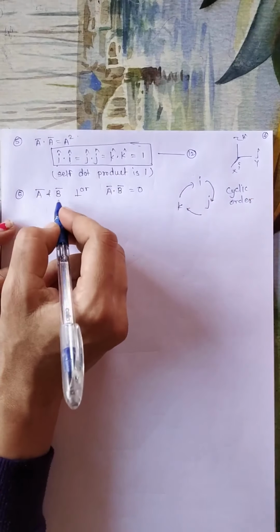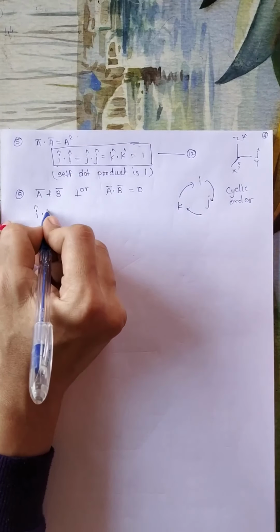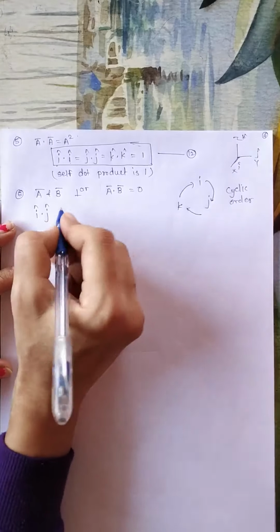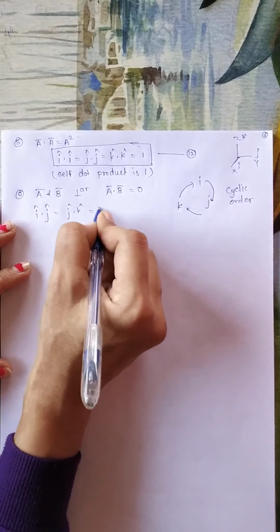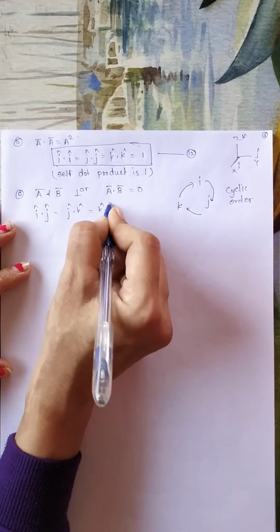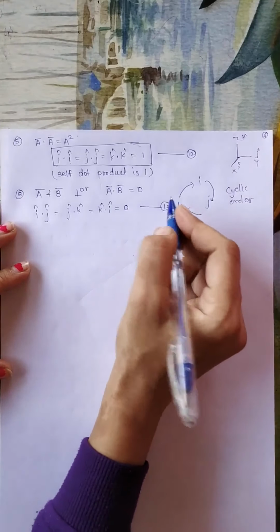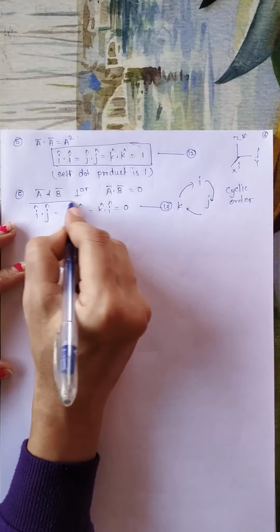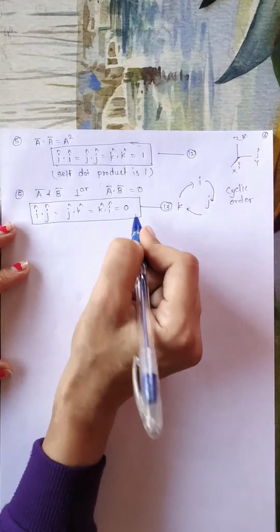Therefore, according to this property, I can write I cap dot j cap equals j cap dot k cap equals k cap dot I cap, and this will be 0. Let me call this equation number 13. This is also another very important property.